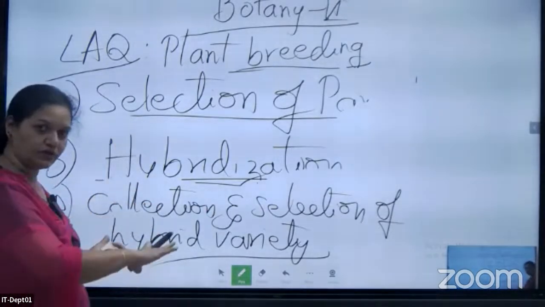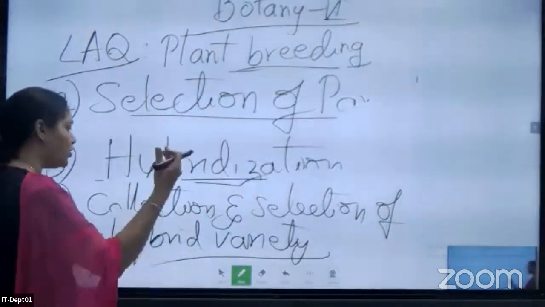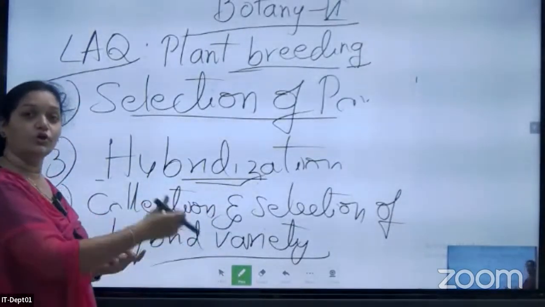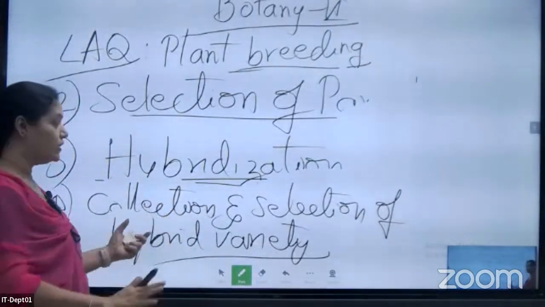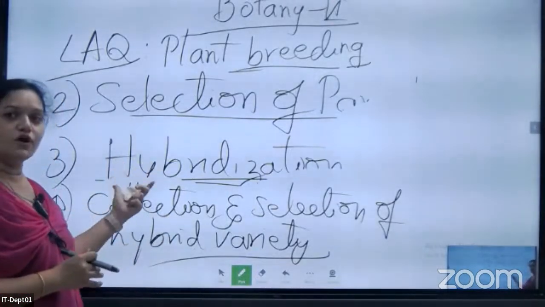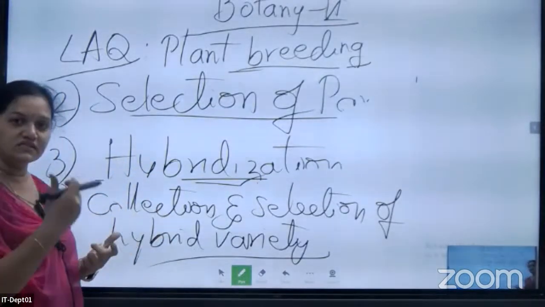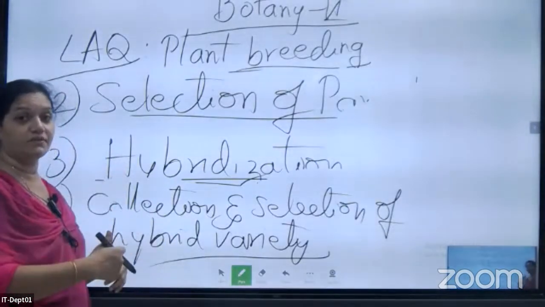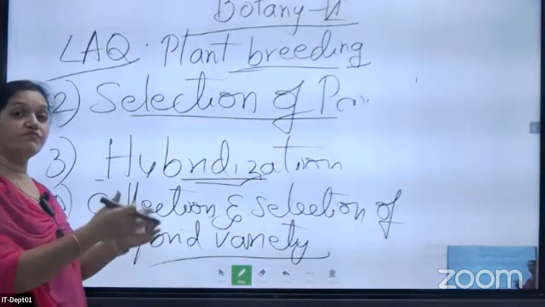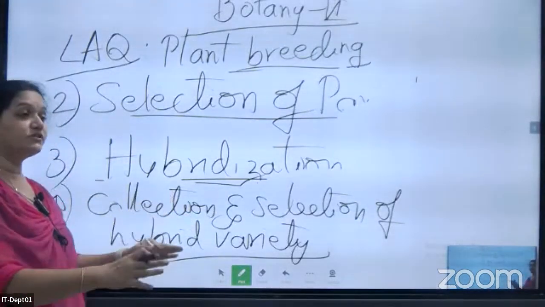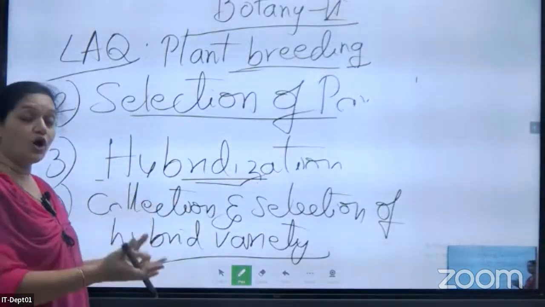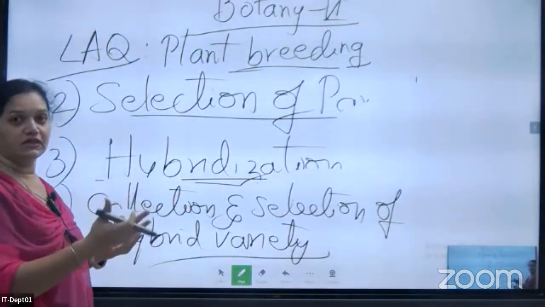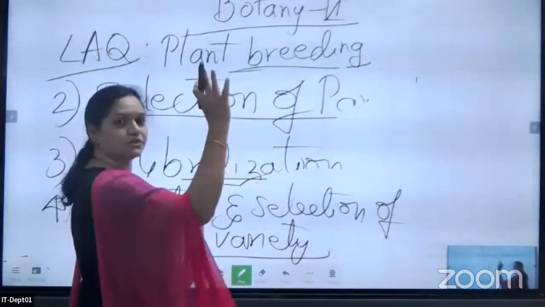If you remember the side heading, you can just elaborate the topic on your own. Now after the hybridization, what are we doing? We are growing the same plant and collecting the seeds from the plants, and from which plants do we have to collect? Those which are growing in a normal way very fast. That is the collection and selection.